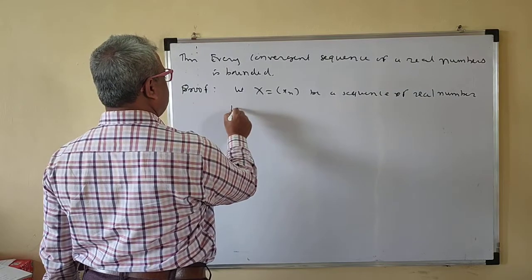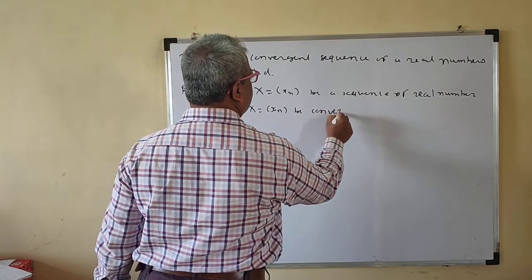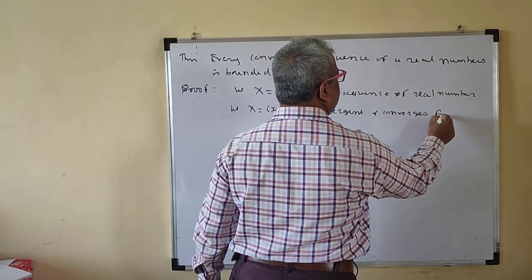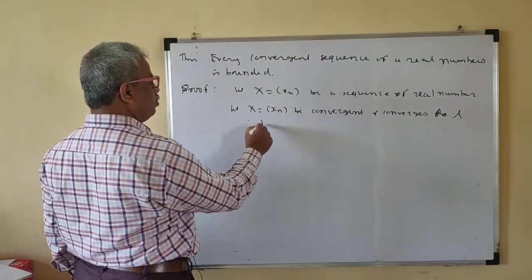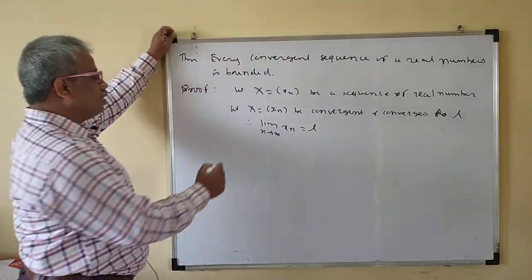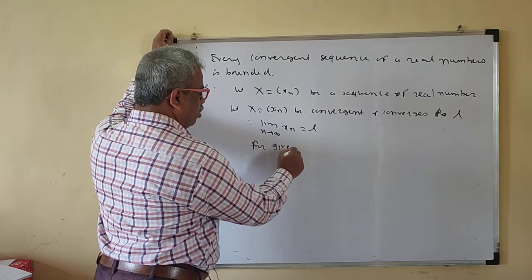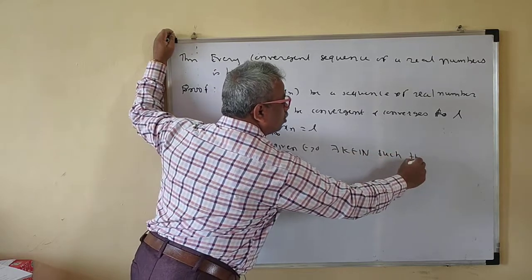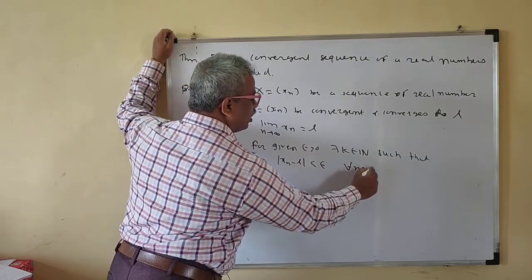Let x = (xn) be convergent and converge to L. Therefore the limit as n tends to infinity of xn is equal to L. So for given epsilon greater than 0, there exists k belongs to N such that mod of xn minus L is less than epsilon for all n greater than or equal to k.